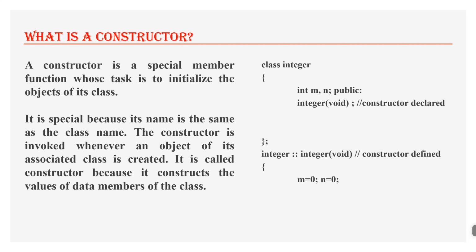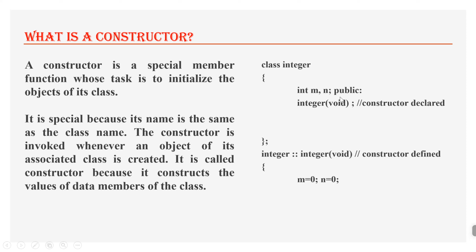So what we see over here is a common value. Whenever an object is created, every object will have its initial value m equal to 0, n equal to 0, when the private members are m and n. So for every object m becomes 0, n becomes 0.